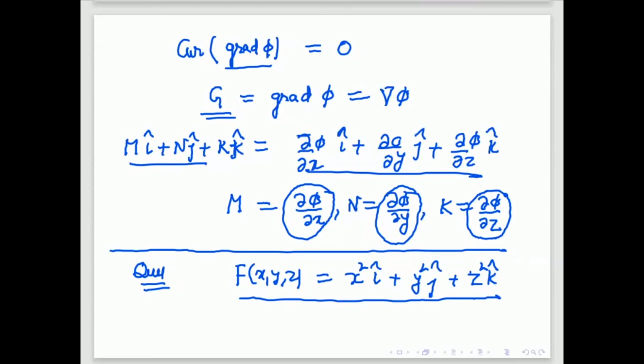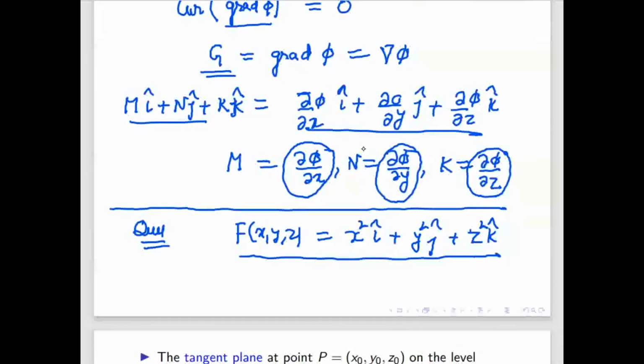So how we'll check that any field is gradient field or not? So M is given x square, this is N, and this is K. For gradient field, this is the relation F equal to grad phi.